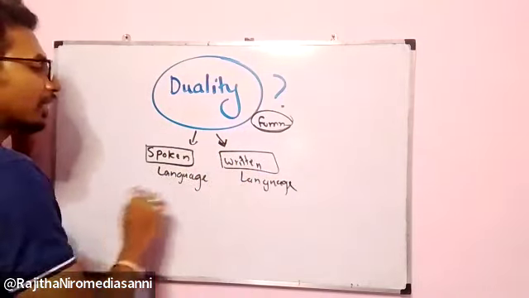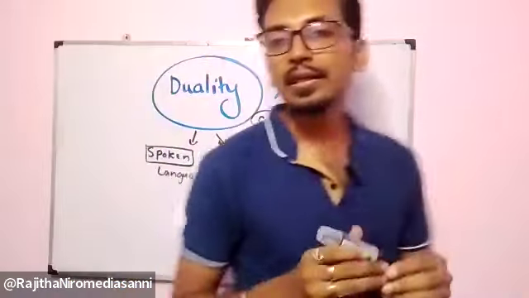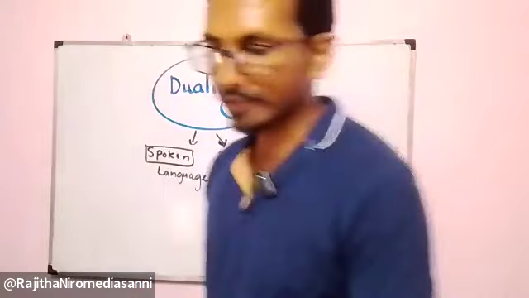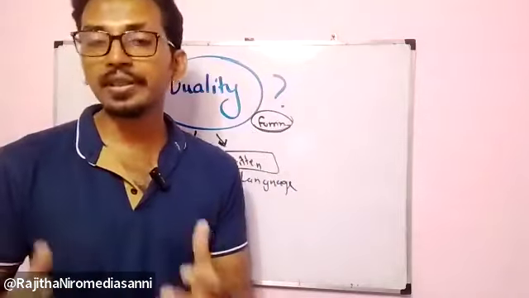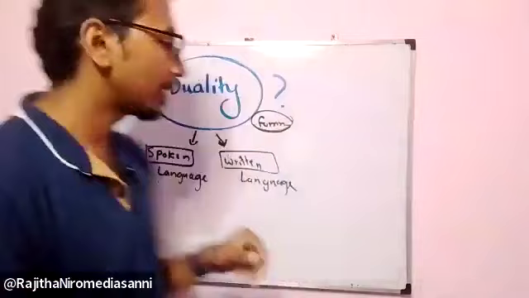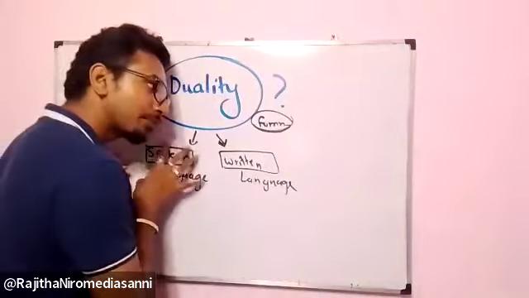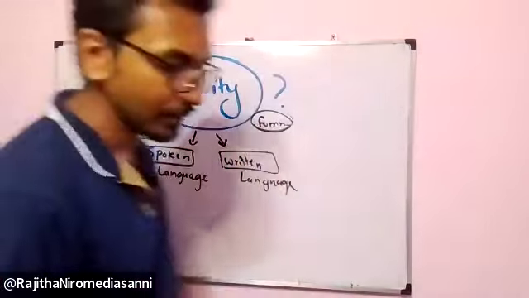So spoken language and written language are the duality of the language. Just write it down. Duality means the two formats we can use to express our ideas to someone. Spoken language is first, written language is second.